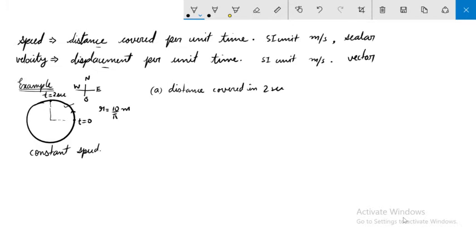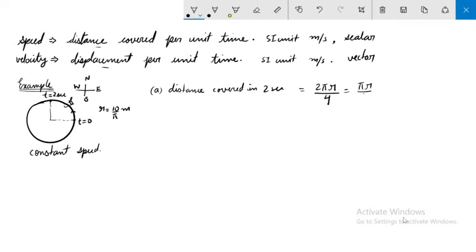So suppose we denote it as S. So we know that total circumference is 2 pi r. So we can see that it is 1/4 of the circumference. The length of the path covered between 0 and 2 seconds is basically 1/4 of the total circle. So it is going to be pi r by 2.